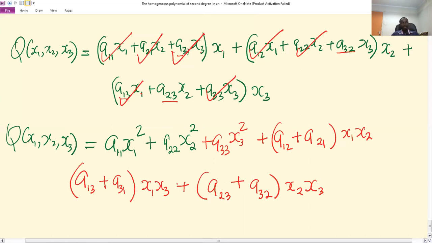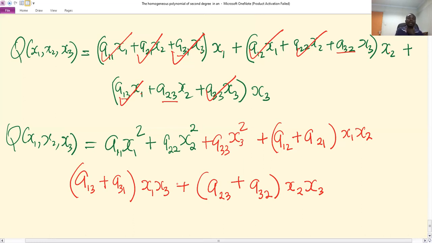So a11 x1 squared, a22 x2 squared, a33 x3 squared, a12 plus a21 times x1 x2, plus a23 plus a32 times x2 x3, and then a31 plus a13 times x1 x3.